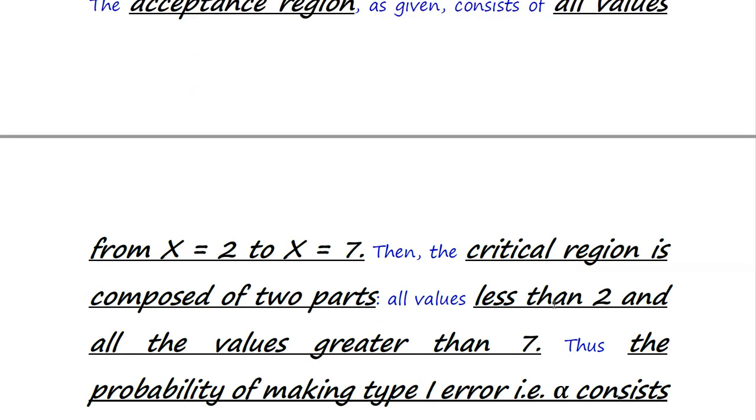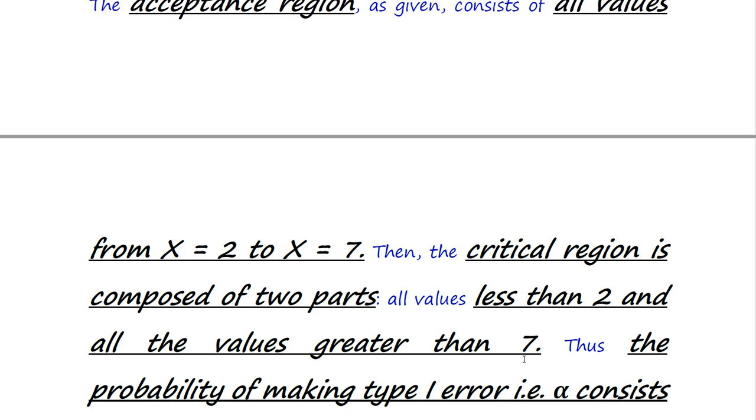One is less than 2. Less than 2 means the random variable starts from 0, 0, 1 up to 15, so less than 2 means 0 and 1. And the other is all values greater than 7. Greater than 7 means the values 8, 9, 10 and so on up to 15.